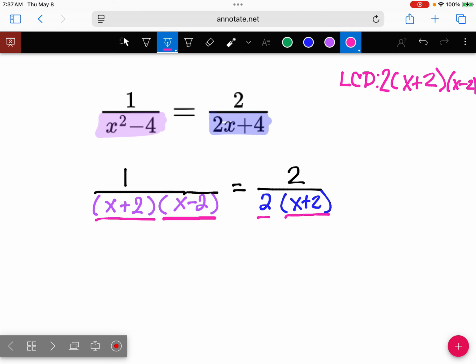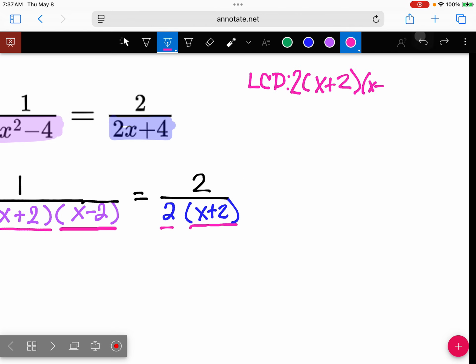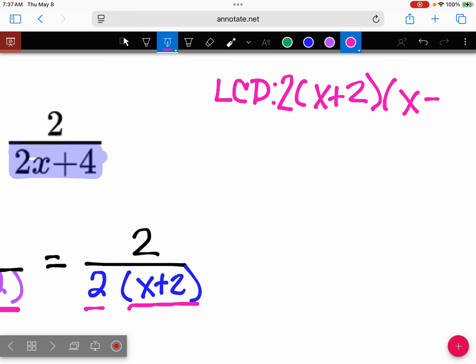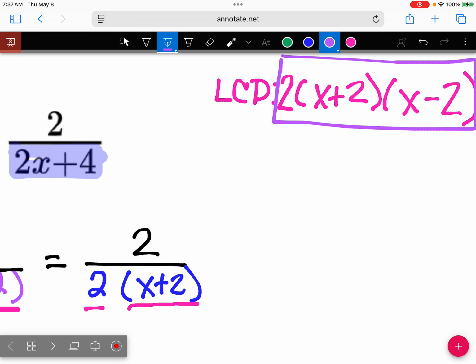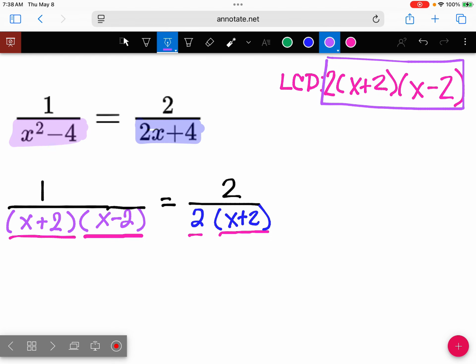So this has a lot of pieces here. I have a little more space. So our least common denominator is this whole thing here: 2 times x plus 2 times x minus 2. That covers all of the pieces that are in the denominator down there.